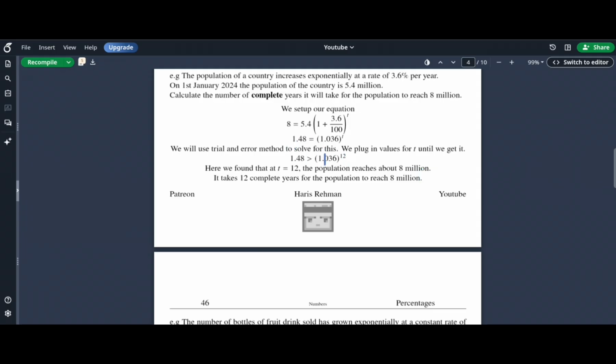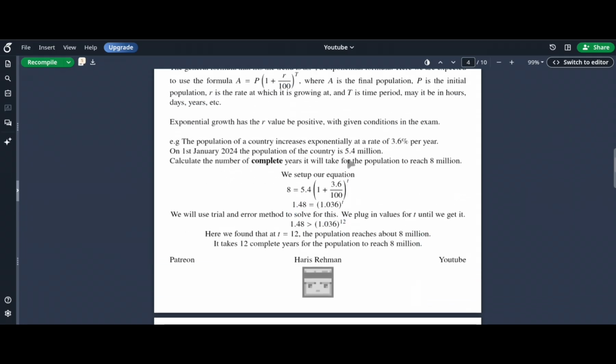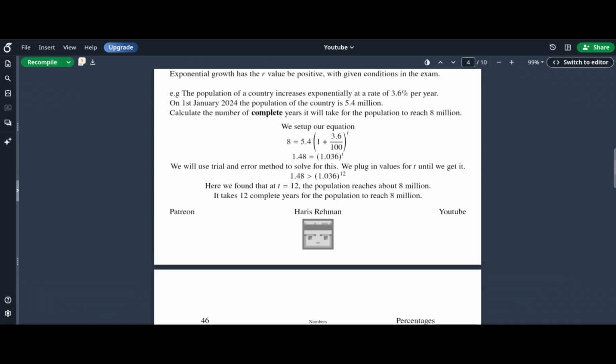I hope you guys understand what I'm doing here. We plug in 1, 2, 3, 4 and so on till this value is greater than this. Calculate the number of complete years it will take for the population to reach 8 million. It does not mean exactly 8 million, else that would be using logarithms.